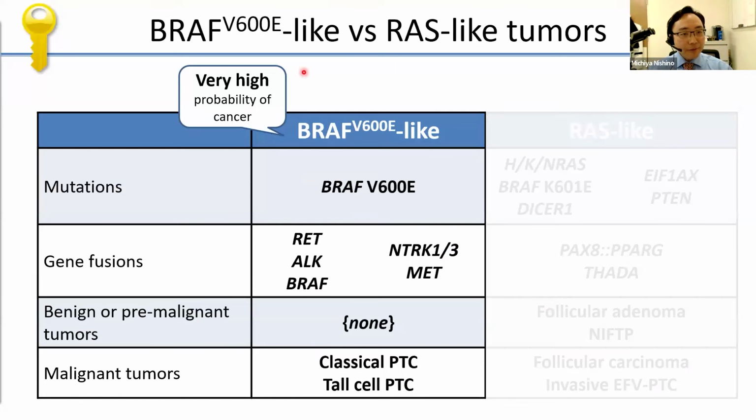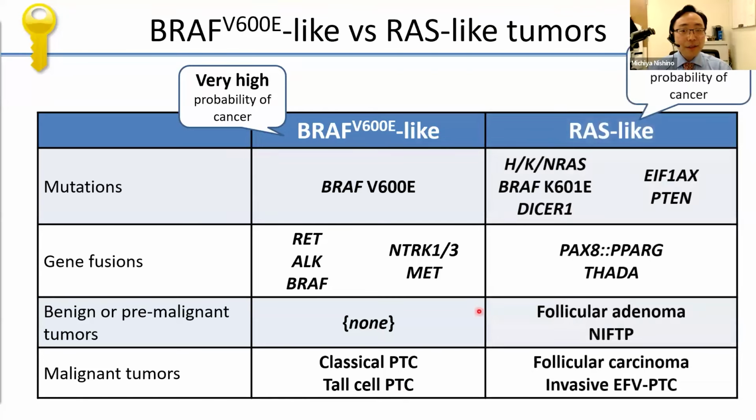The BRAF-like versus the RAS-like dichotomy is an important concept for everyone to take home with you for your clinical practice. The detection of a BRAF V600E mutation or one of these BRAF-like alterations is essentially seen only in malignant tumors. And it's diagnostic of malignancy if you find it in a thyroid FNA sample.